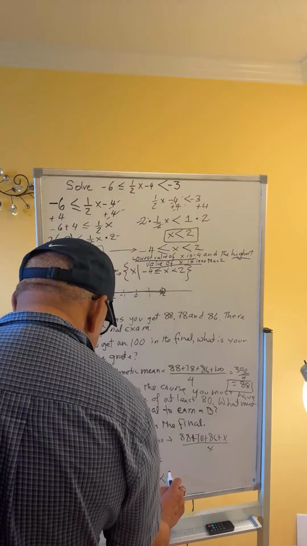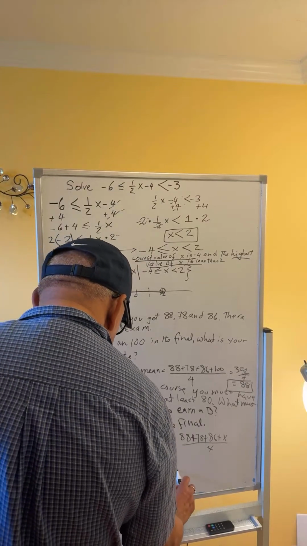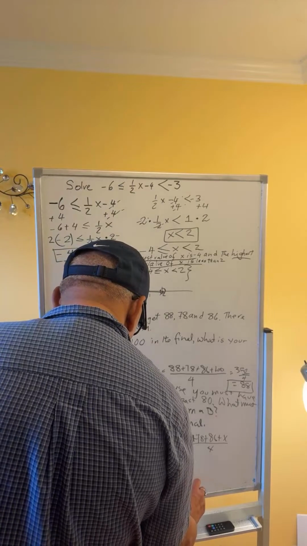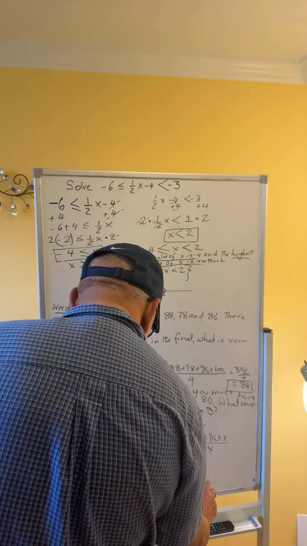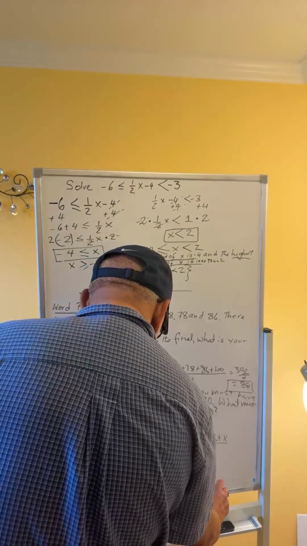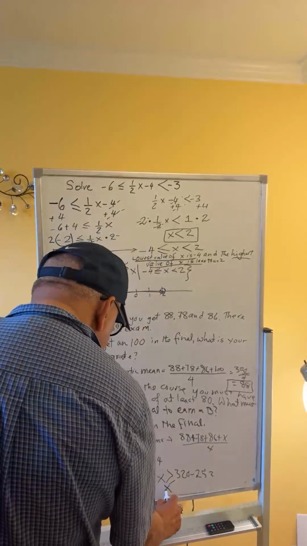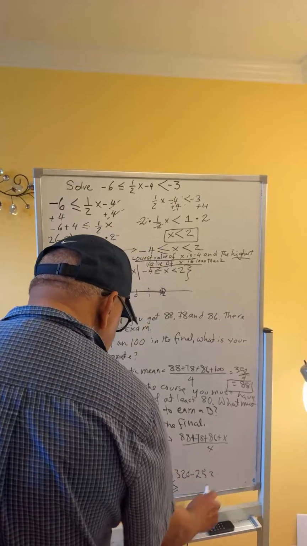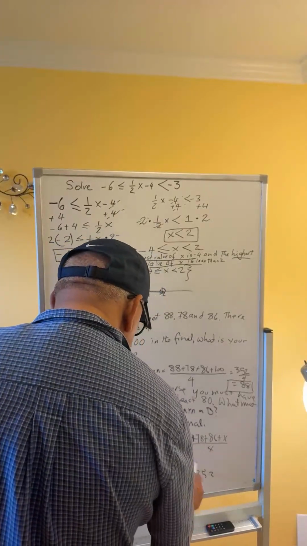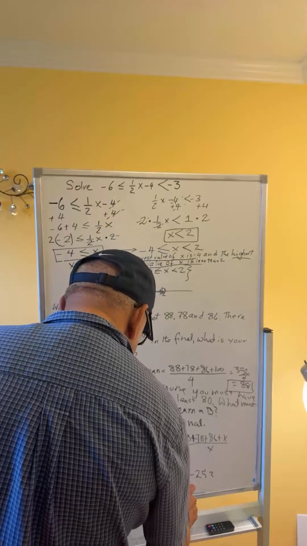So X is greater than or equal to 320 minus 252. If you do the subtraction, you get 68.